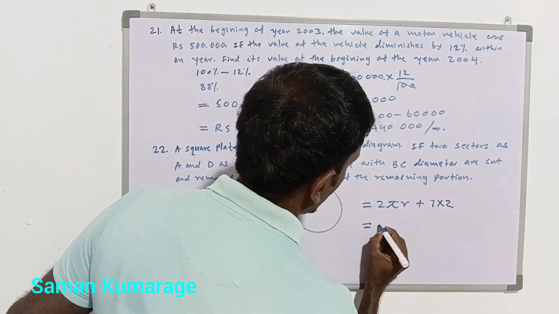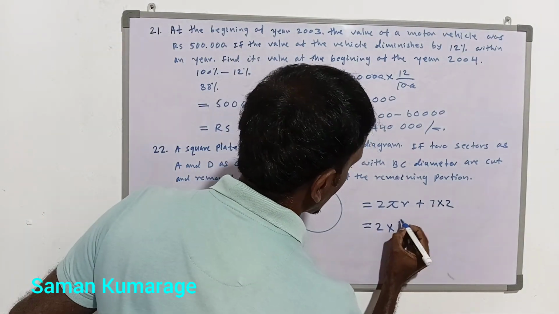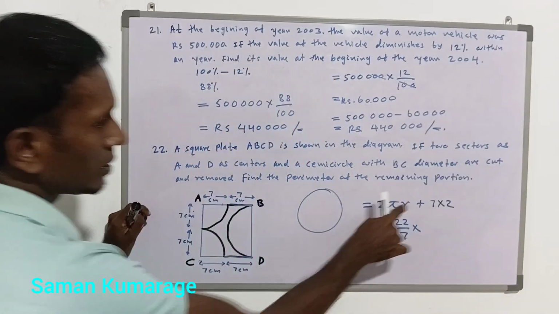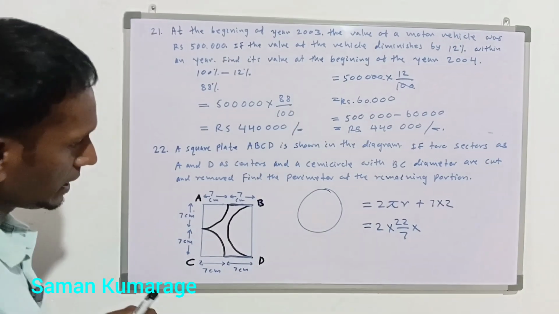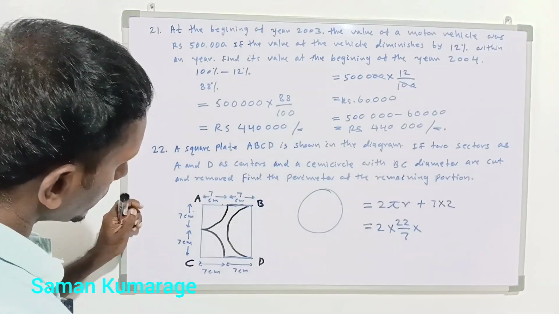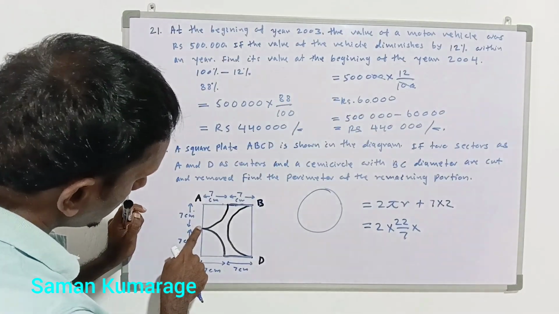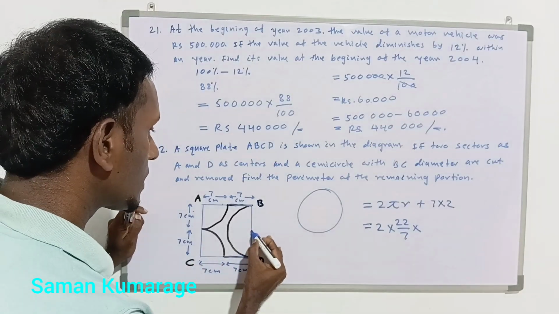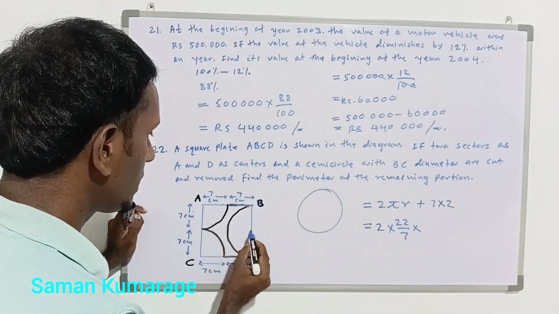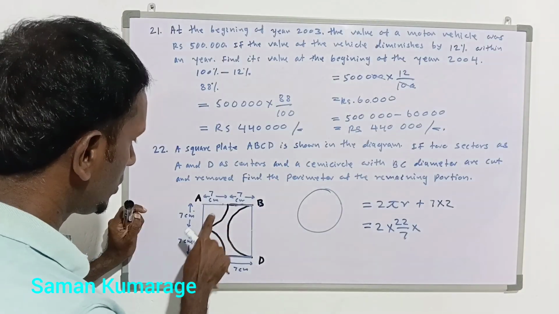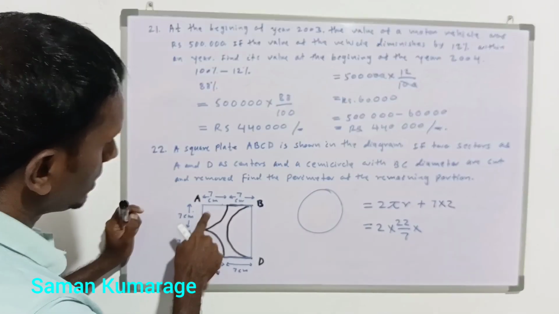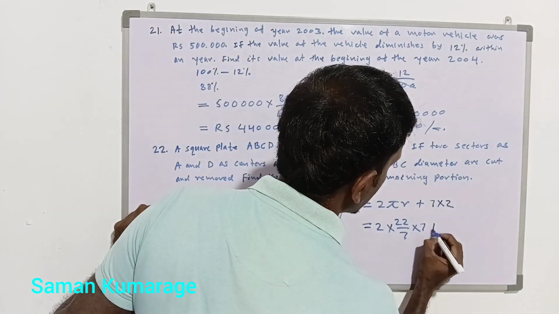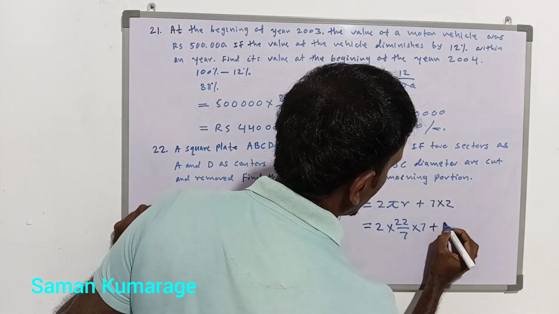Now let's calculate 2 multiplied by 22 over 7. What is the r? R is the radius. What is the radius? The radius of this semicircular part and these two sectors are the same. The radius is 7 centimeter. 7 plus 7 times 2, 14.